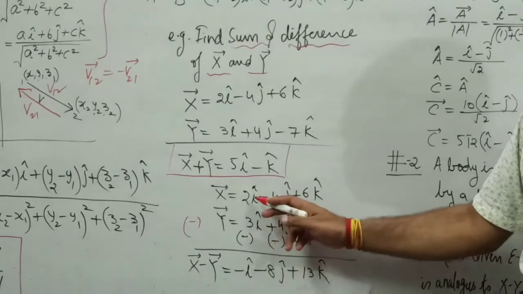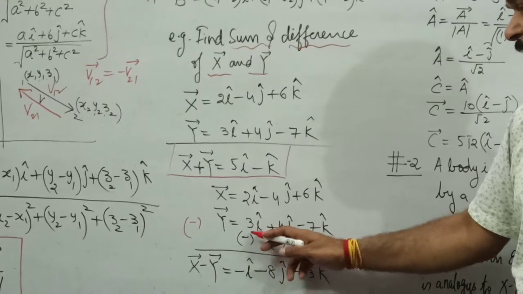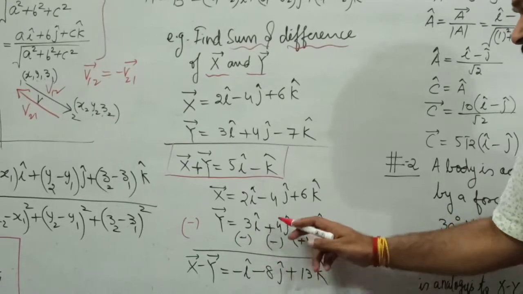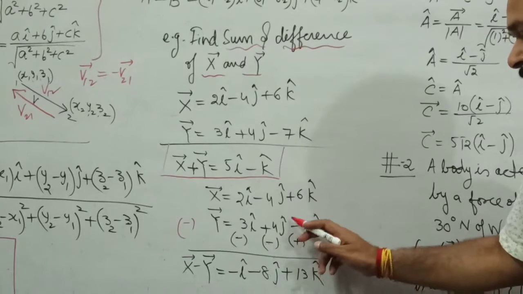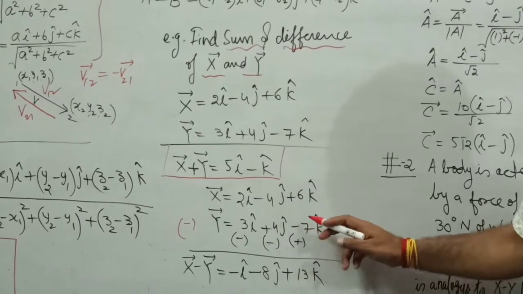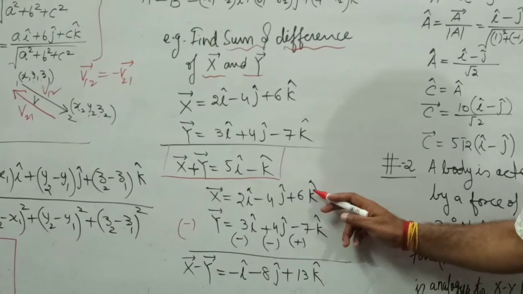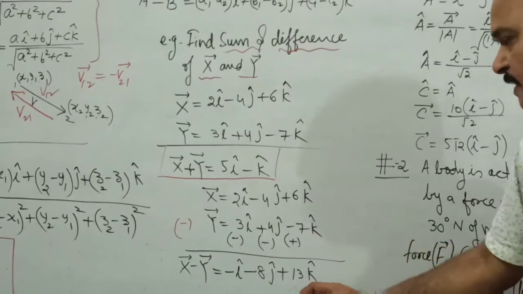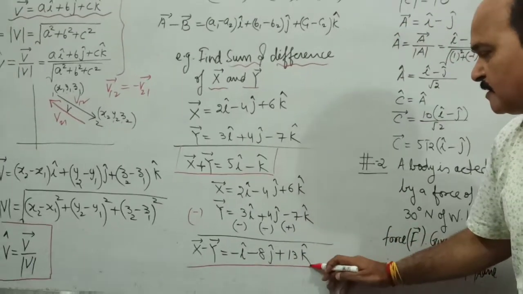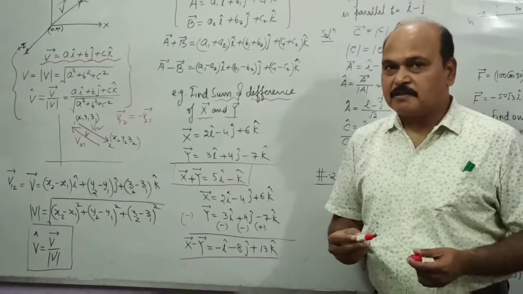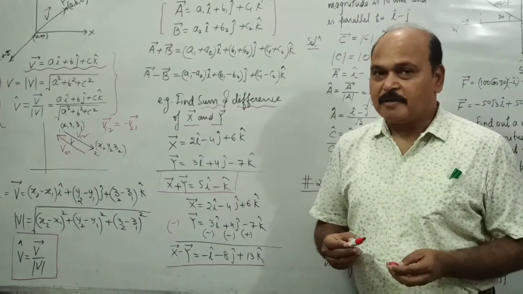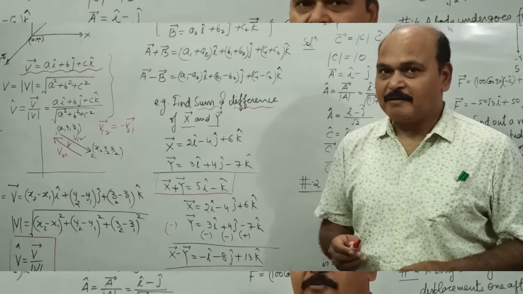The signs are changed. So 2 minus 3 i is what? Minus i. Minus 4 minus 4j is minus 8j. And 6 plus 7k is what? 13k. So this is x minus y. So this addition and subtraction of vectors in position vector form is very simple.